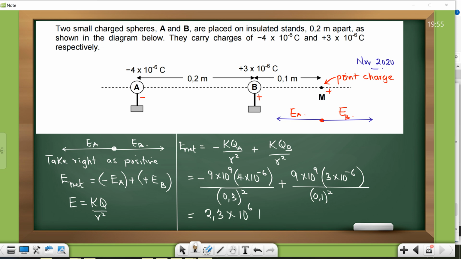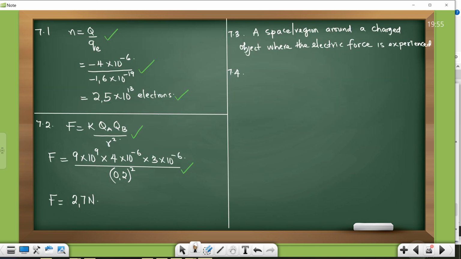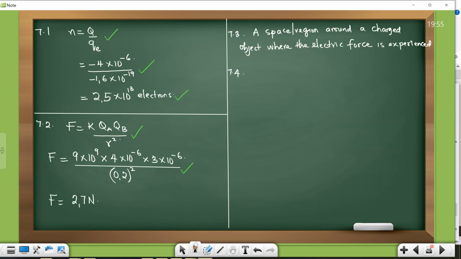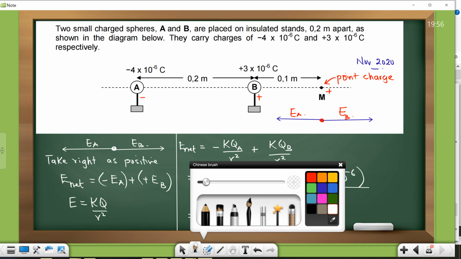And what is my unit? Newton per coulomb. How many marks was this? Sorry, 1 second. 5 marks, I think. Beautiful. 5 good marks.